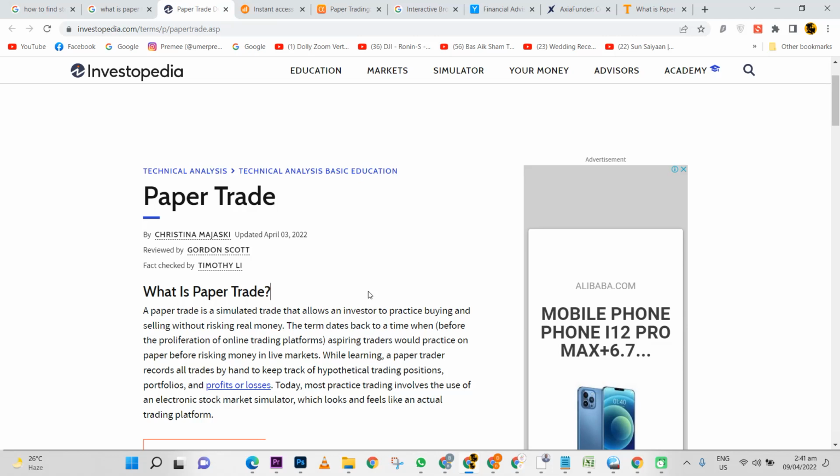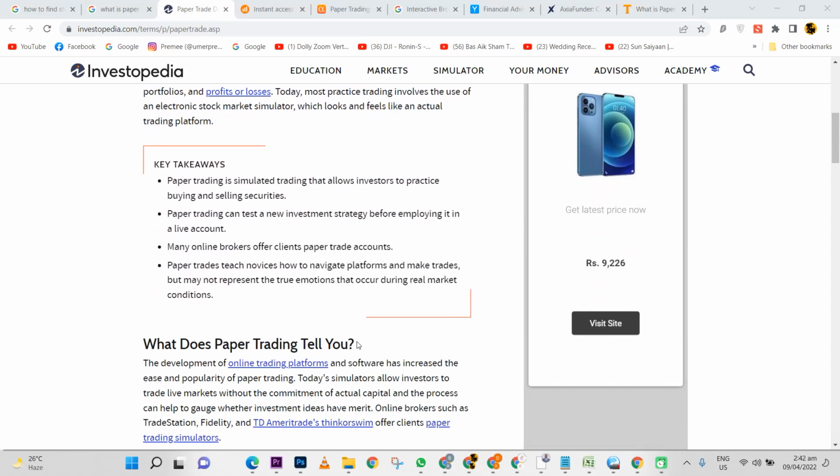The term dates back to a time before the proliferation of online trading platforms, when aspiring traders would trade on paper before risking real money, tracking hypothetical trading positions, portfolios, and profit or loss. Today, most practice trading involves the use of an electronic stock market simulator, which looks and feels like an actual trading platform.